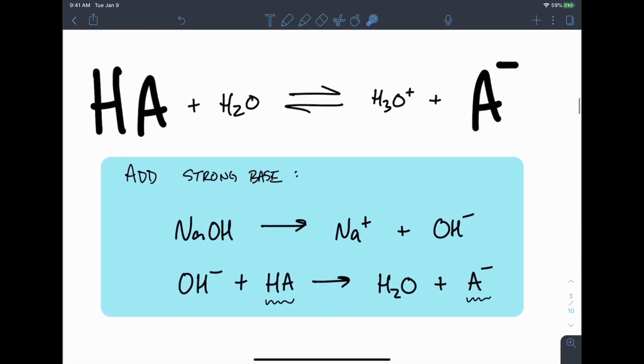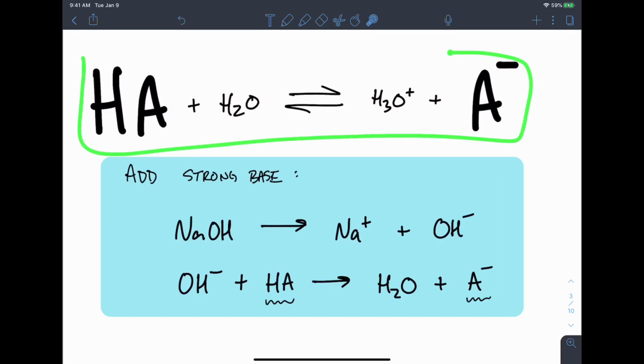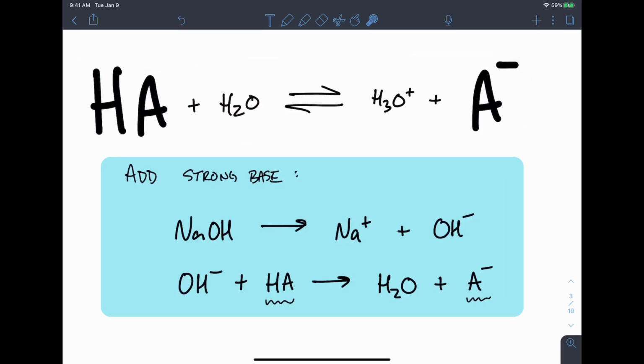If we add a base to this instead, notice we have the same equilibrium up here. If we add a strong base, such as sodium hydroxide, that's going to dissociate completely into Na+ and hydroxide ion. And hydroxide ion is going to react with the acid and neutralize that acid.